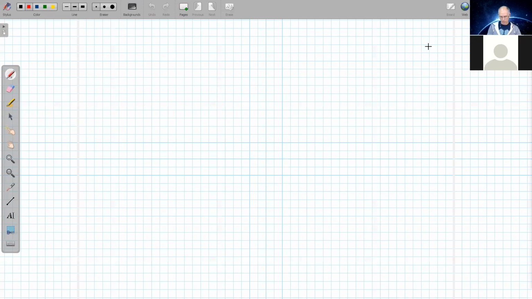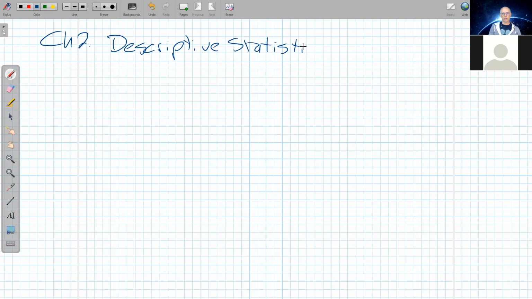All right, so today in statistics, chapter 2, still, we're working with descriptive statistics. In particular, we're playing around with samples, and anytime we make a calculation based on a sample, that's called a statistic.